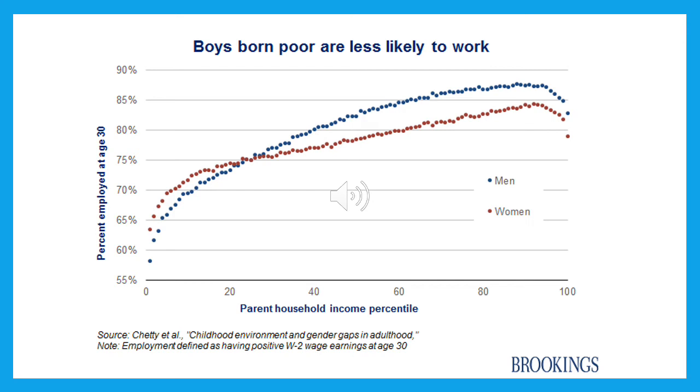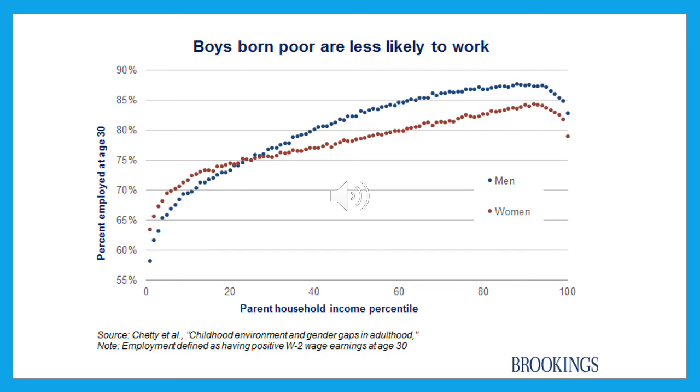But we see that, especially for men, having parents who earn very low incomes is associated with being less likely to work at age 30. Now, we can consider many reasons for this.